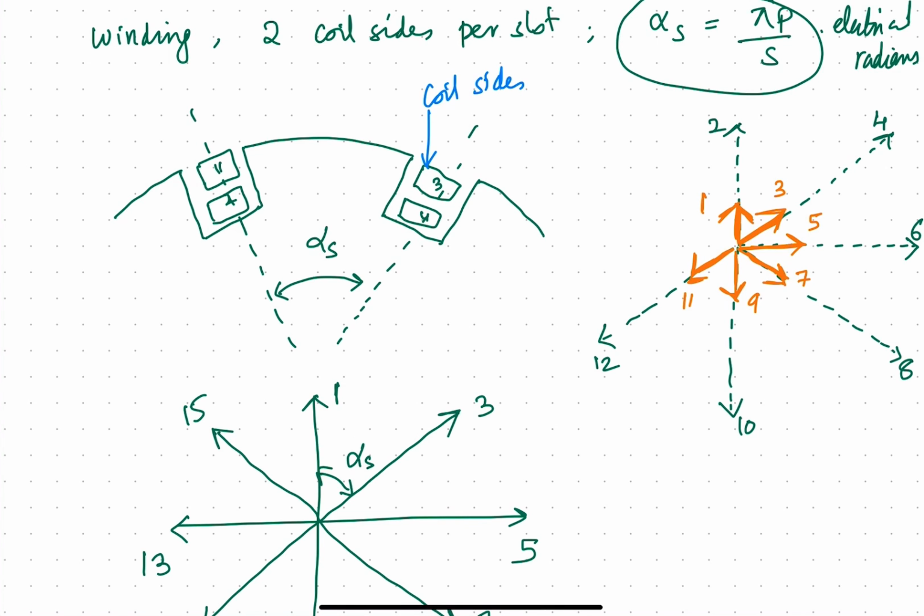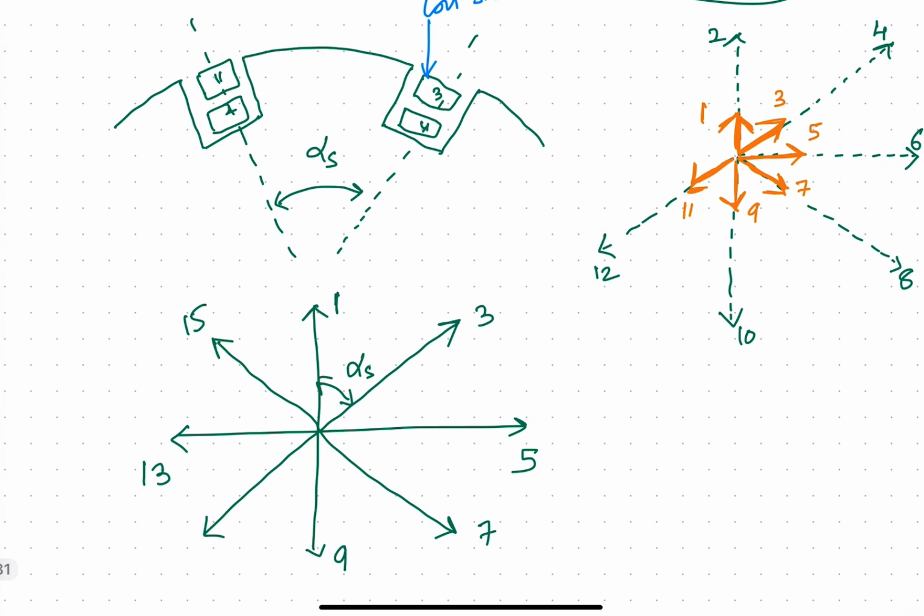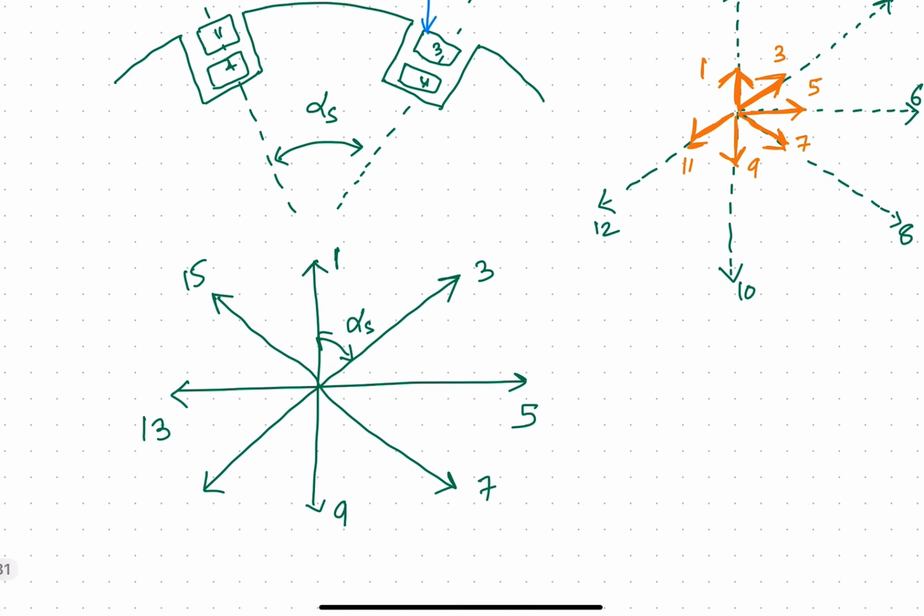When you divide this with the number of slots, you get the relation alpha s equals pi P by S. So this angle is also the angle between the EMFs generated in the two coil sides of the adjacent slots. If you look at this figure which is shown in front right now, this is what is known as the EMF star.